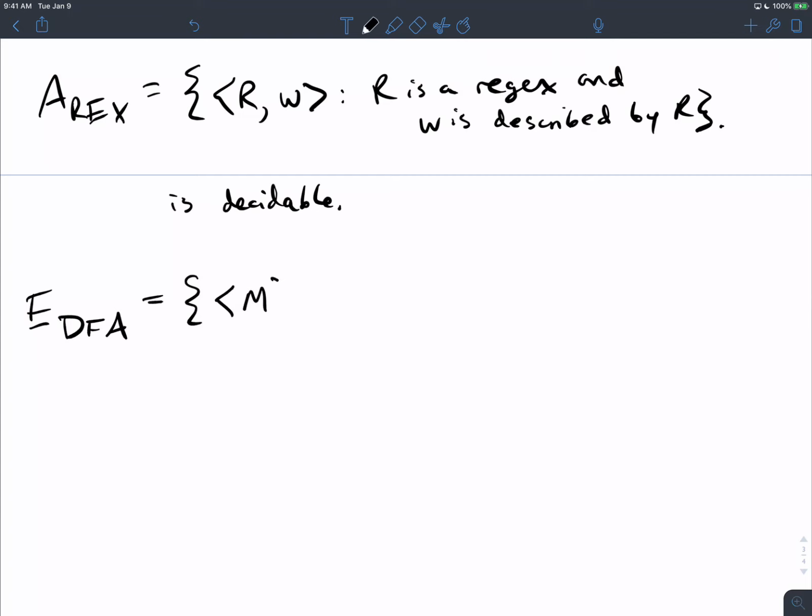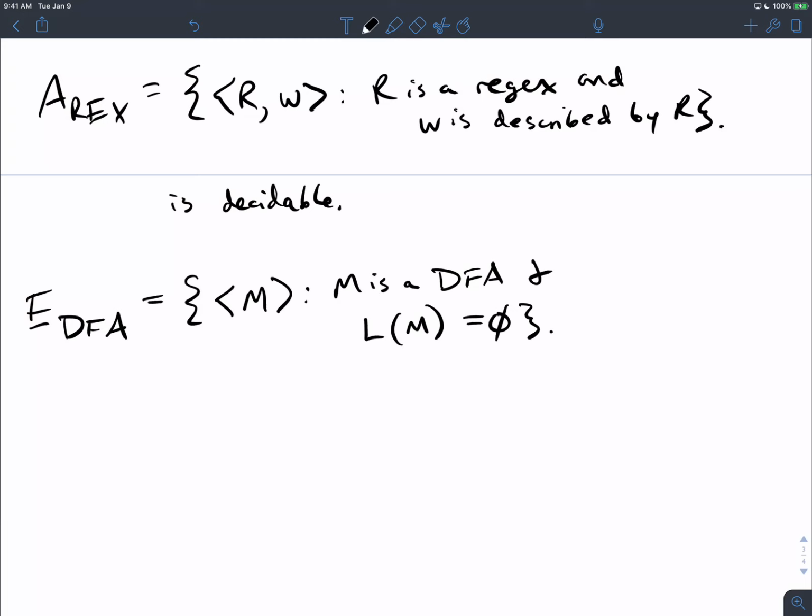So here we're asking about, instead of a DFA and an input W, just the DFA itself and nothing else. And in here, of course, M is a DFA, but the qualification is that we want to check that L of M is empty. Okay, so that's the intermediate problem that we want to solve.